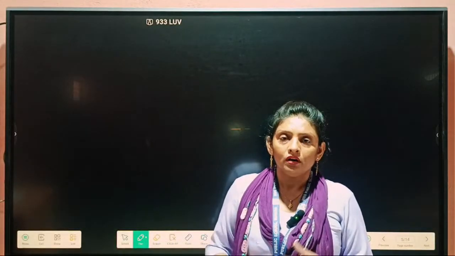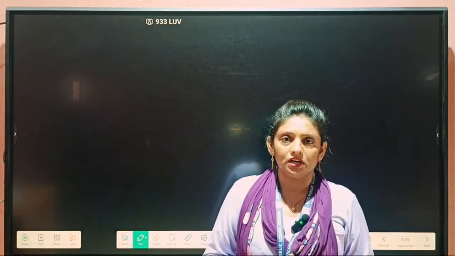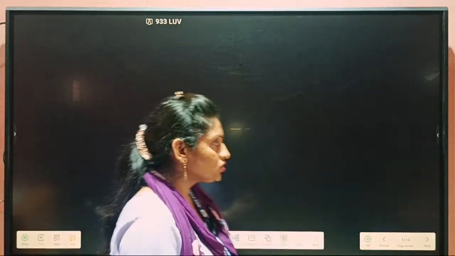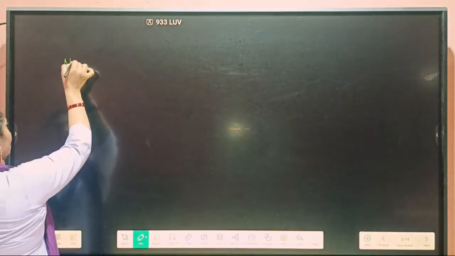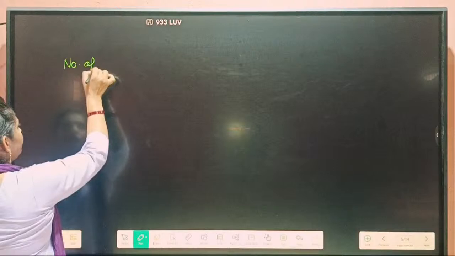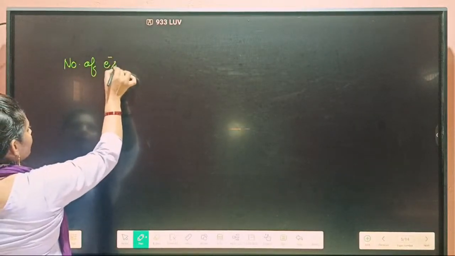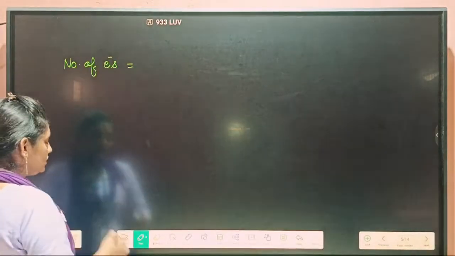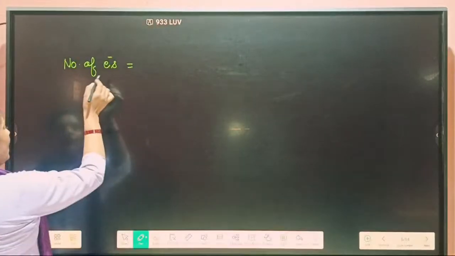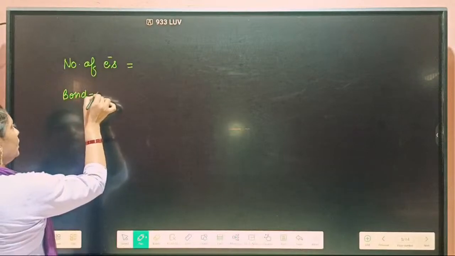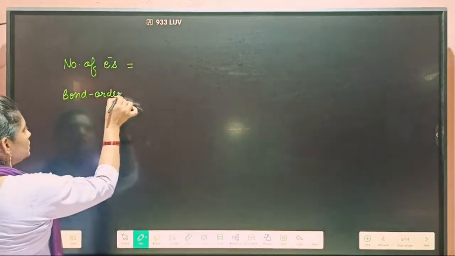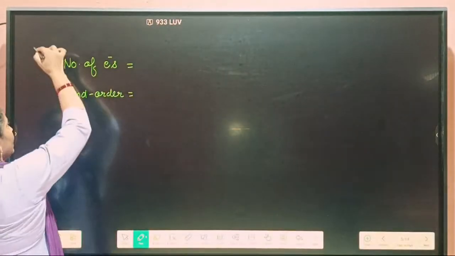But now, how can we calculate bond order by using a simple trick? We will see that one. Students, if you know the number of electrons, then you can calculate bond order by using a simple trick only. This is a trick.